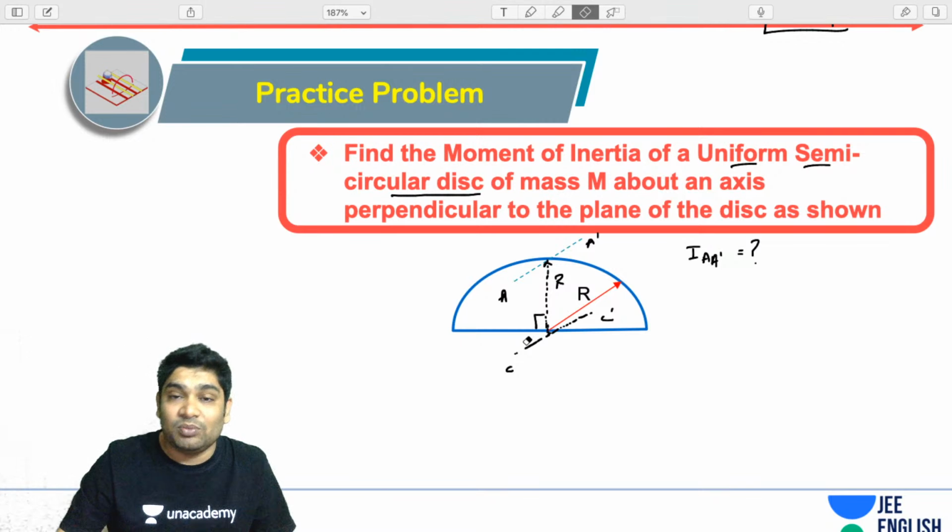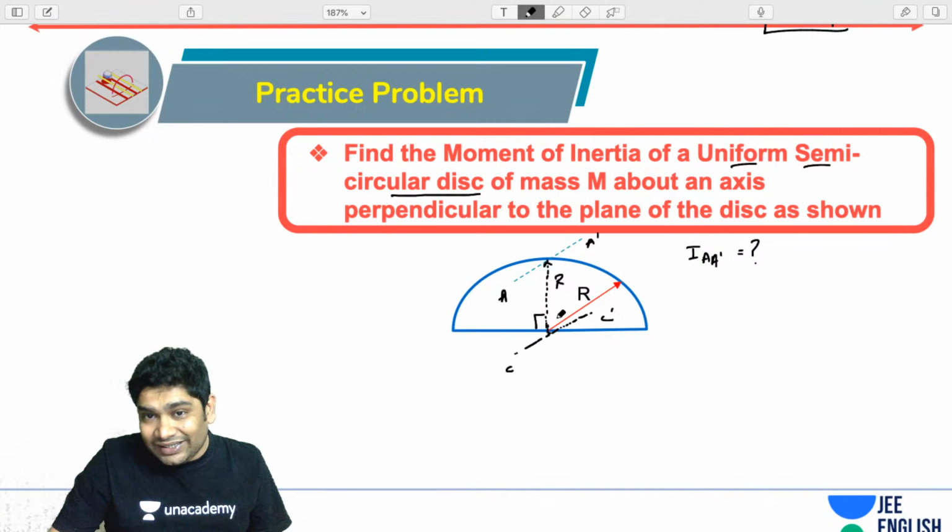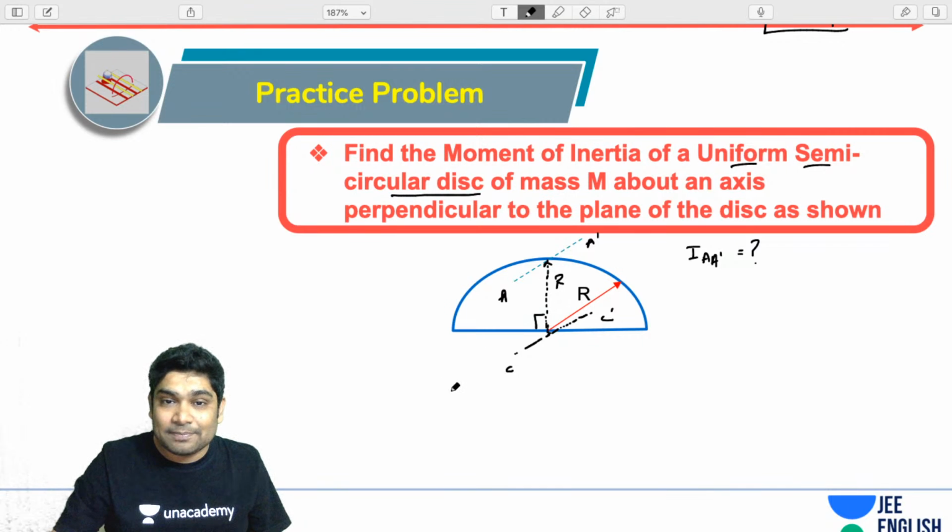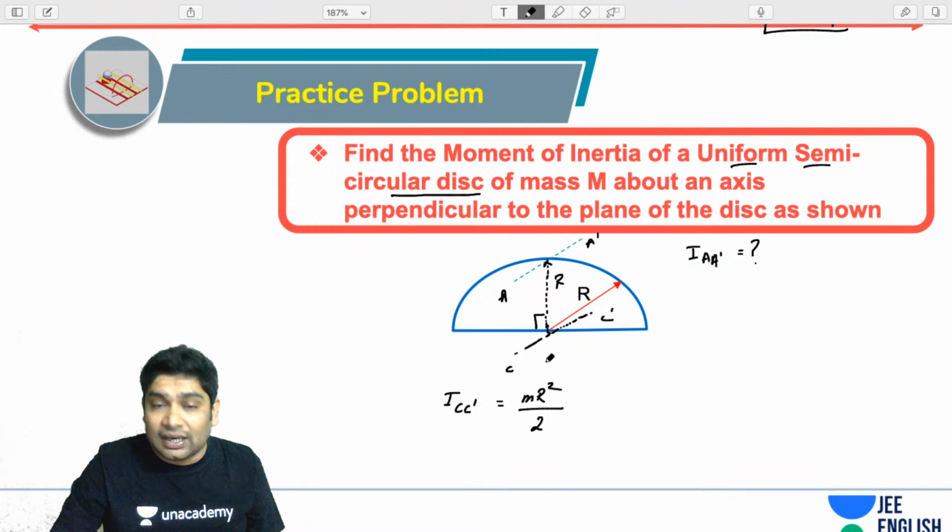We discussed this problem which was asked in JEE Advanced, JEE Screening, right? So you already know ICC dash, which is MR square over 2.